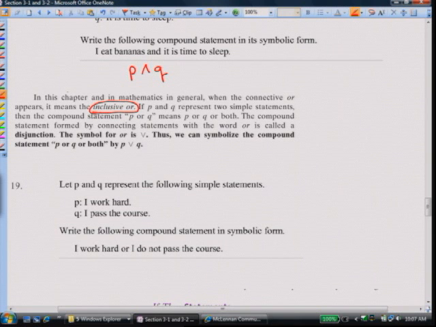If P and Q represent two simple statements, then the compound statement P or Q means P or Q or both. So if you have a joint checking account with someone, it normally says both names with the word or in between, because either person can sign or you both can sign. If a check has the word and in between, then it's exclusive. You have to both sign in order to get it.